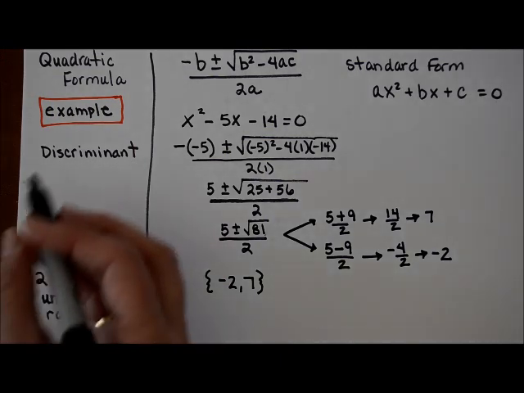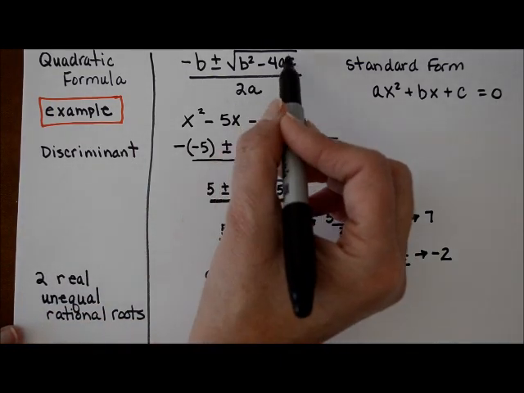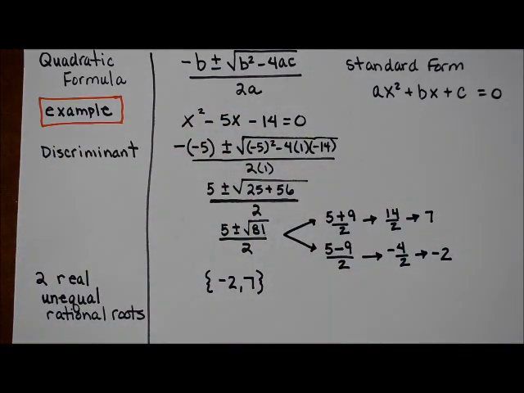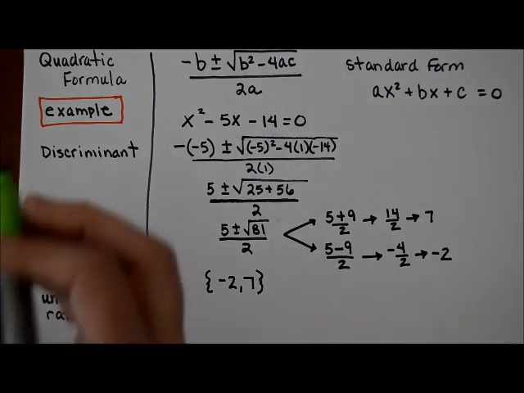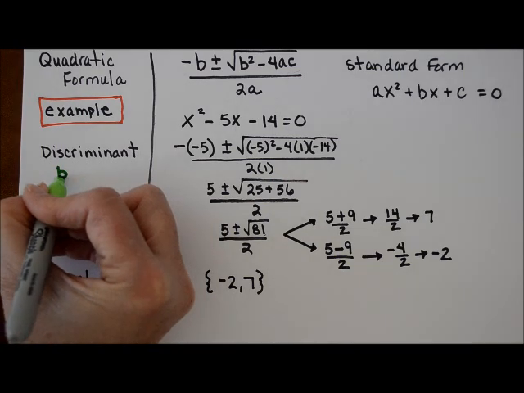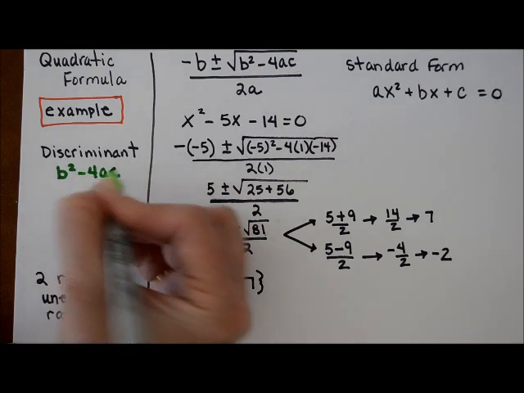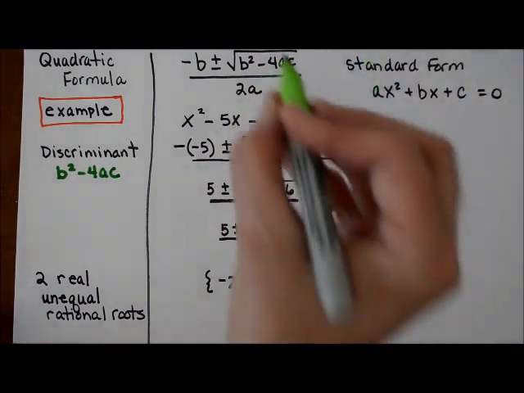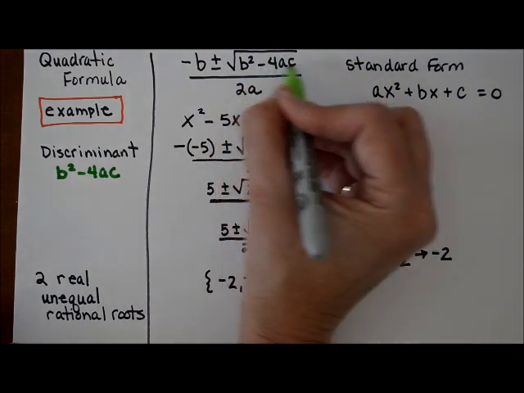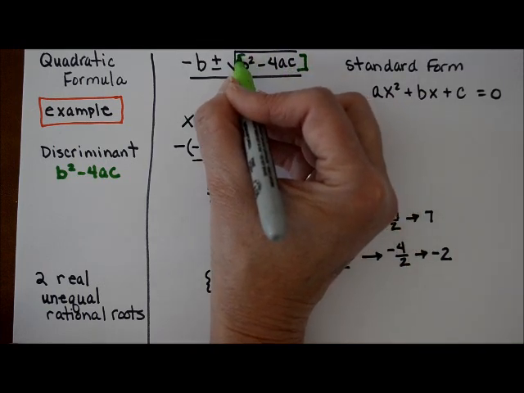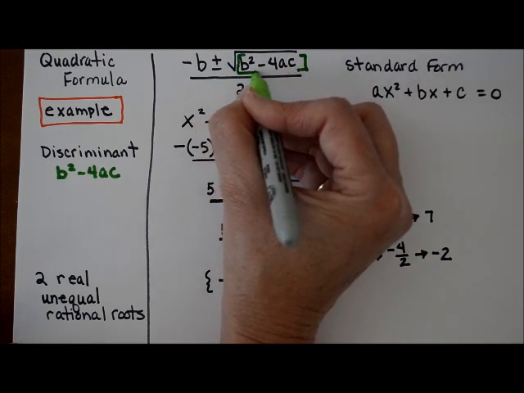Now the discriminant is just this piece in here. It's just b squared minus 4ac. That is the discriminant. Okay, which is just a part of the quadratic formula.